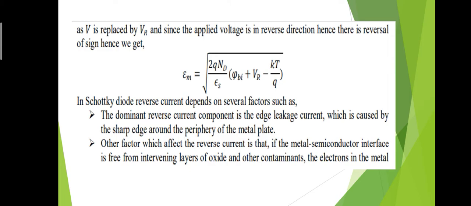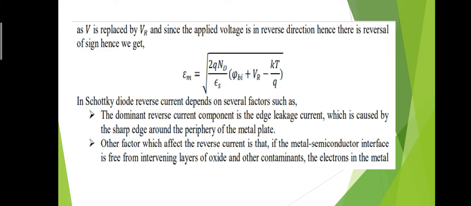But if all these factors are present at the metal semiconductor interface, then we get the reverse current, and this reverse current is not useful for our Schottky diode. So the Schottky diode current depends on this condition.